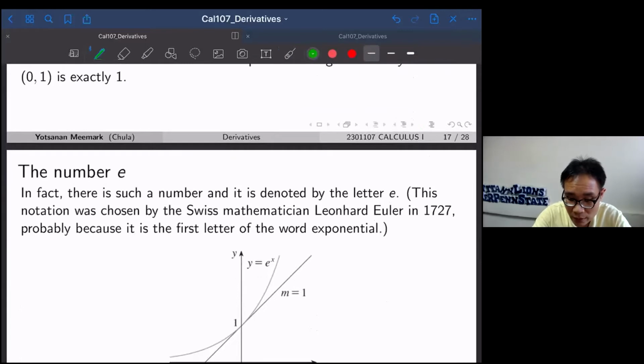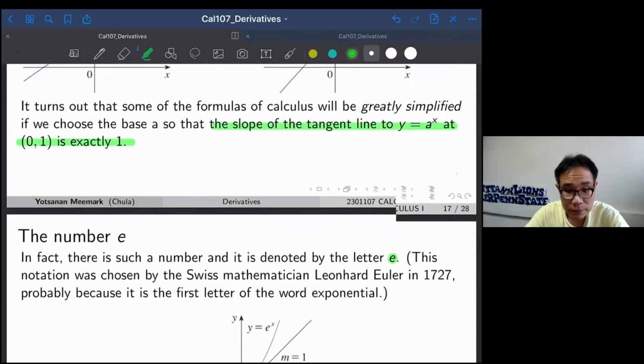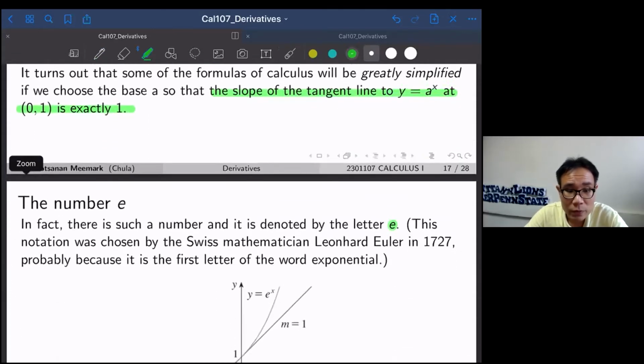So the letter e denotes the base that we're looking for, that has a tangent line slope of exactly 1. This notation was chosen by Euler. The e may come from the first letter of his name or the first letter of the word exponential.